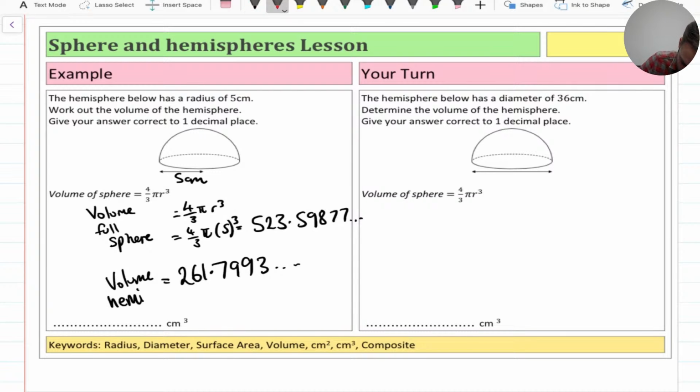And if we want this to one decimal place, we're going to put our line here, and this means we're going to round up. So that's going to be 261.8 centimeters cubed. Brilliant.